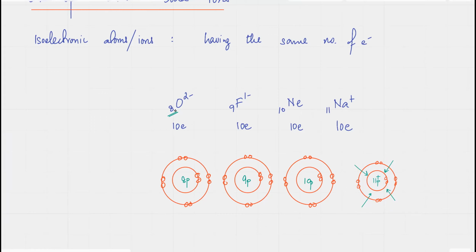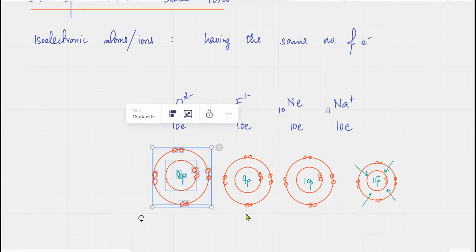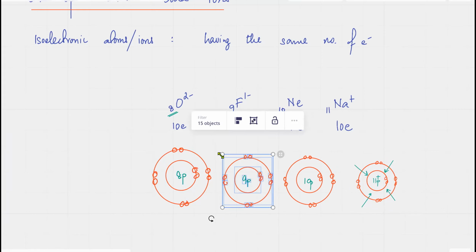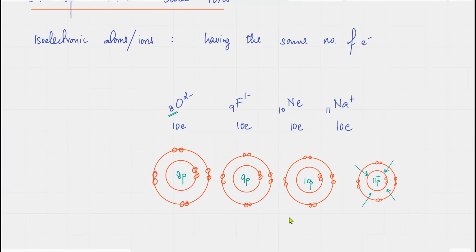And you've got oxygen over here. It's got 8 protons. Now, 8 protons, out of the 4, is not going to attract the electrons that strongly. So the electrons would be slightly further away from the nucleus. These two would be in the middle. So as you move to the right, along these 4 elements, the nucleus of the atom has more protons.